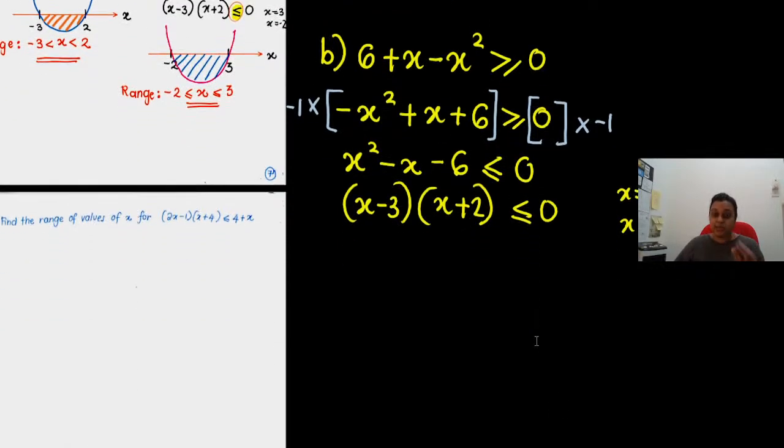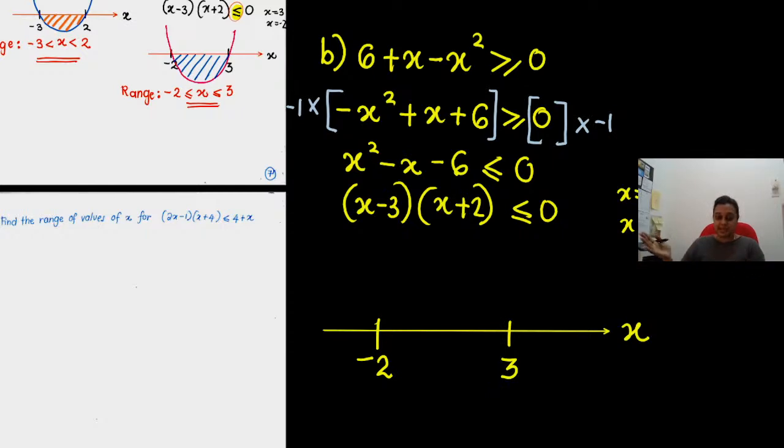Okay, now here draw number line. See, we're going to do number line. Okay, draw a number line. Okay, write the x value here. Okay, since it's -2, we write here. +3, we write towards the right hand side.